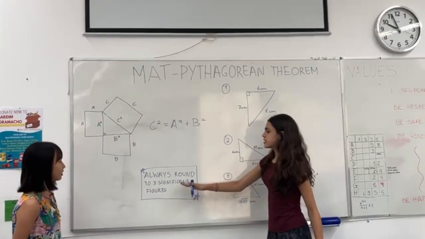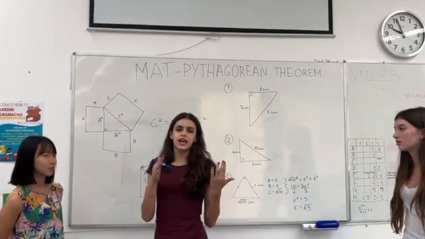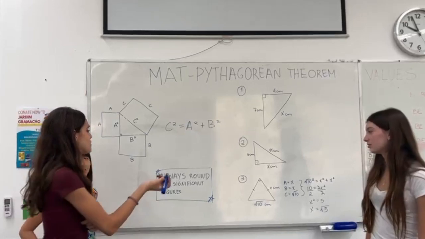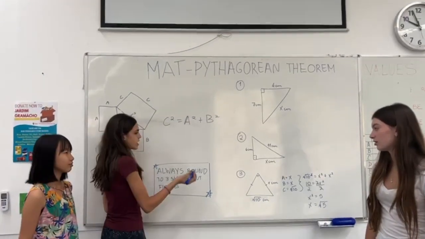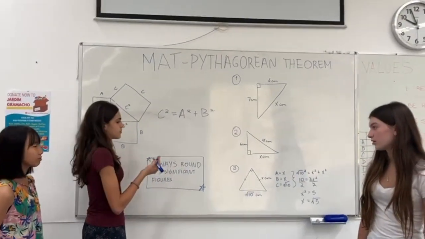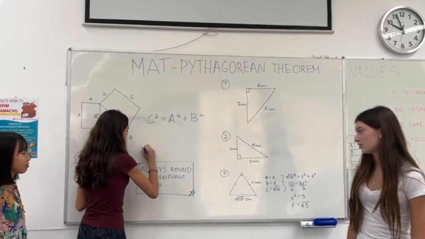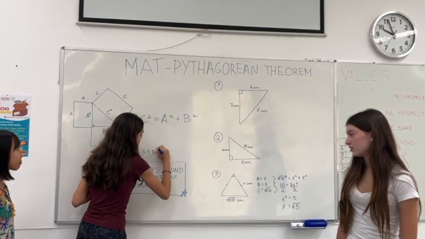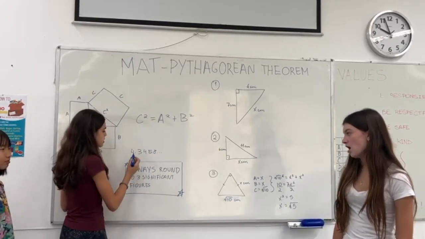So rounding to 3 significant figures is something really important, and in the test you'll probably need to round to 3 significant figures. For example, if you get to an answer using a calculator or long division, and you get a very, very long decimal, you need to round it to 3 significant figures.